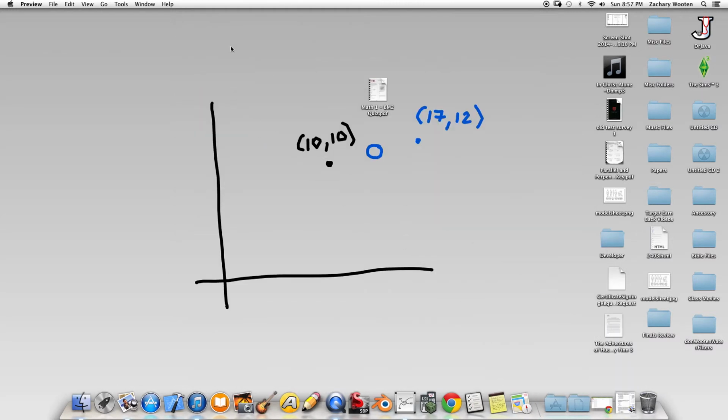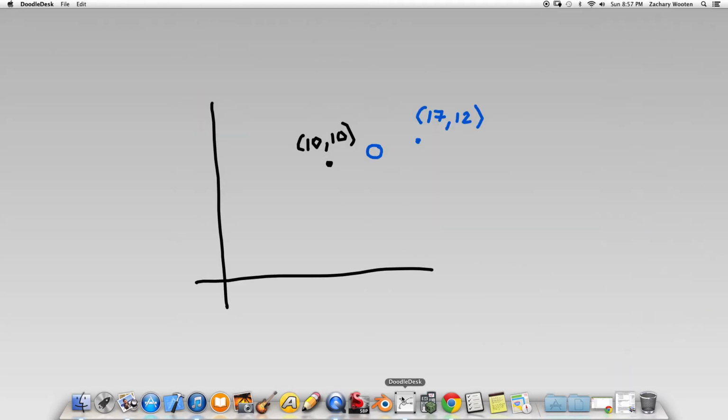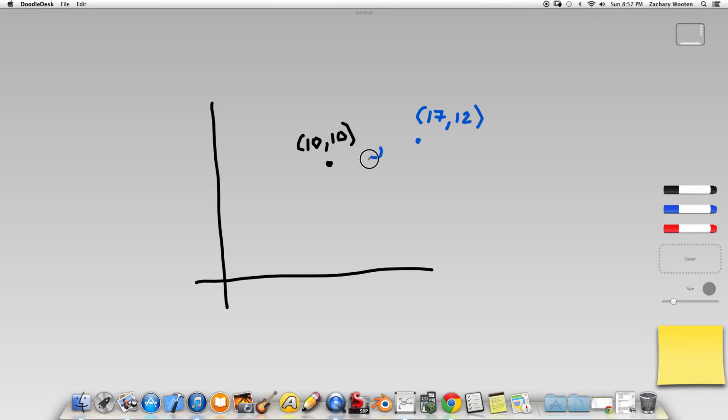So we've got to work backwards and realize that (10, 10) is actually right in the middle already. So that means it is halfway between this point and some other point, which tells me the other point needs to be directly in line with that point, somewhere over here, with (10, 10) halfway between them.